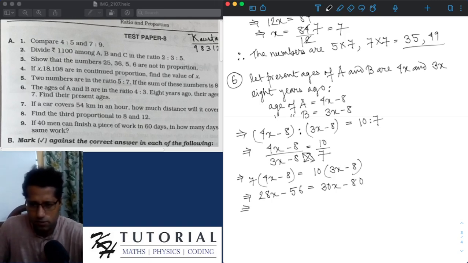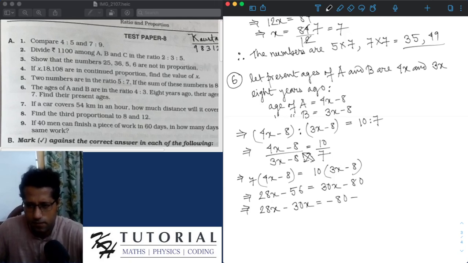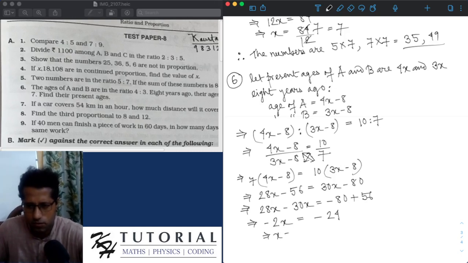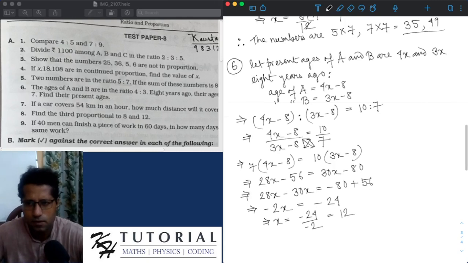Bringing all the x terms to the left hand side and the constants to the right hand side, we get 28x minus 30x equals minus 80 plus 56. Simplifying, minus 2x equals minus 24. This implies x equals minus 24 divided by minus 2, that is 12.